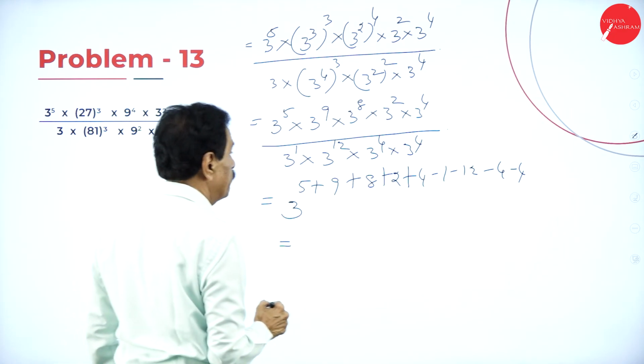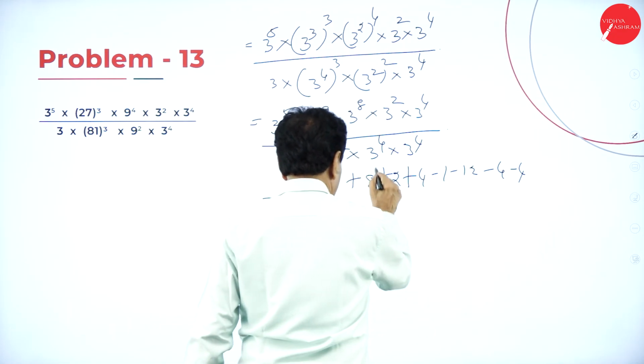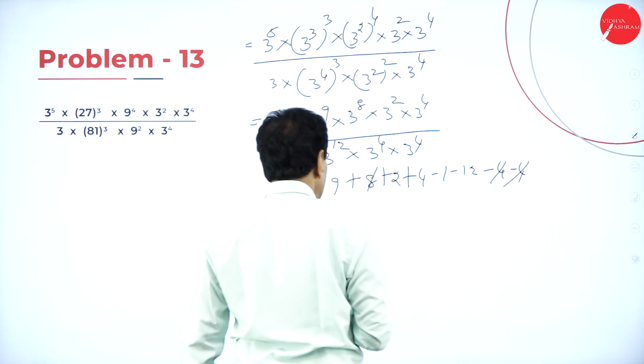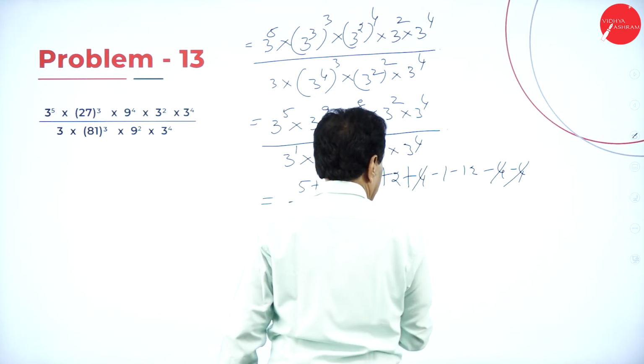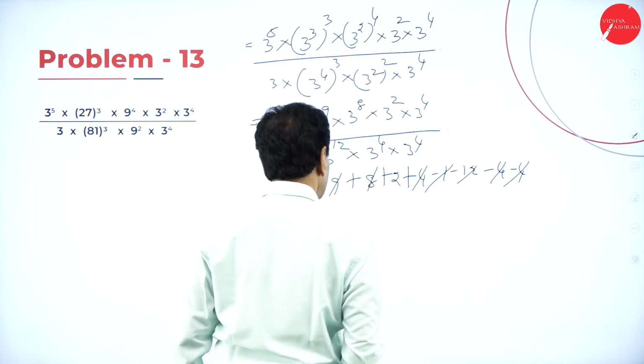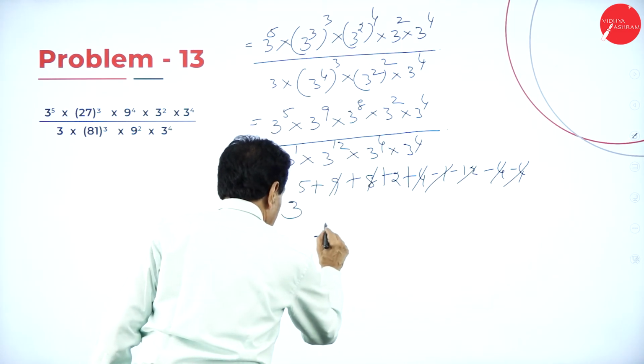This is 5. So 8 cancelled out. This is 9 plus 4, 13, cancelled out. This is 3 to the power of 7.